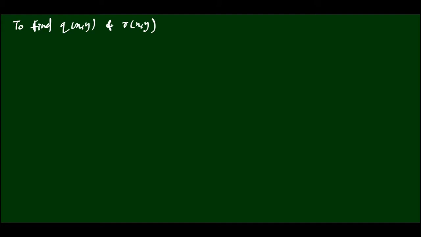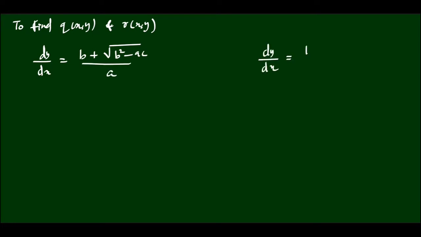To find q(x,y) and r(x,y), we have the characteristic equations dy/dx = (b + √(b² − ac))/a and dy/dx = (b − √(b² − ac))/a. These two equations we obtained in the previous theorem.